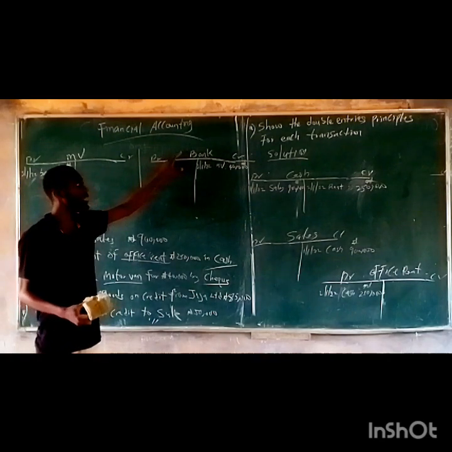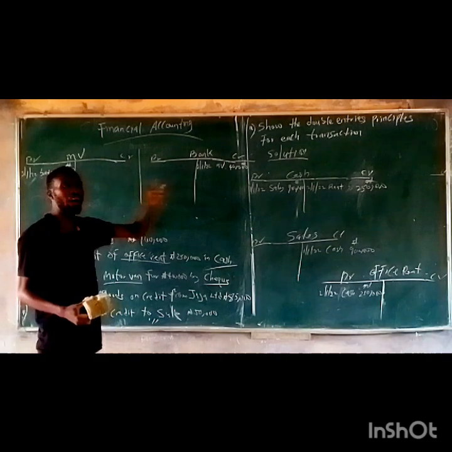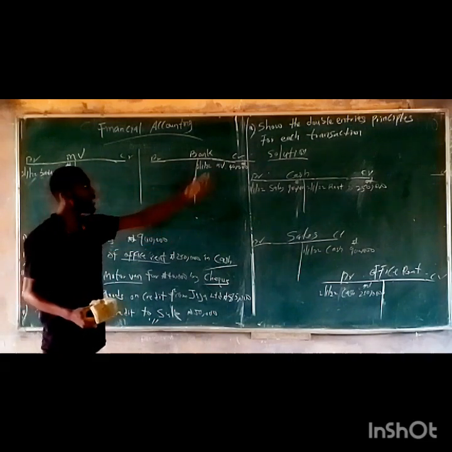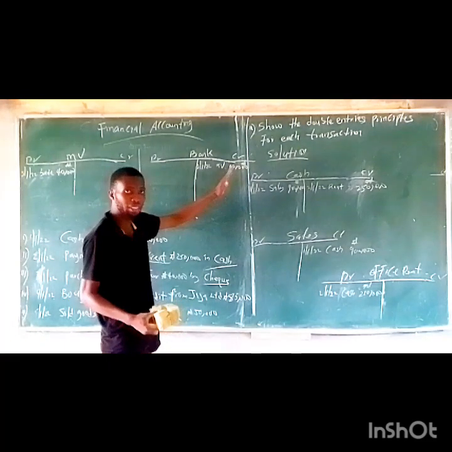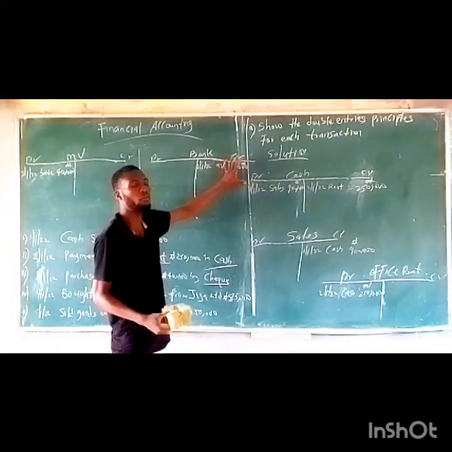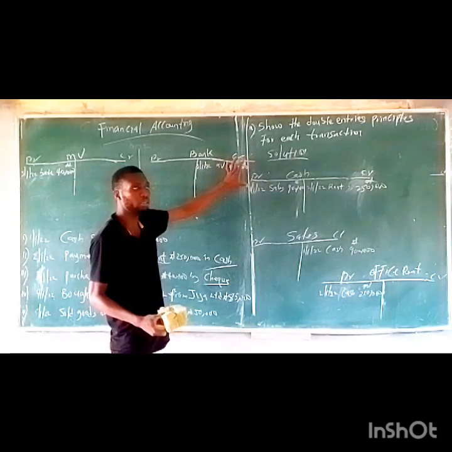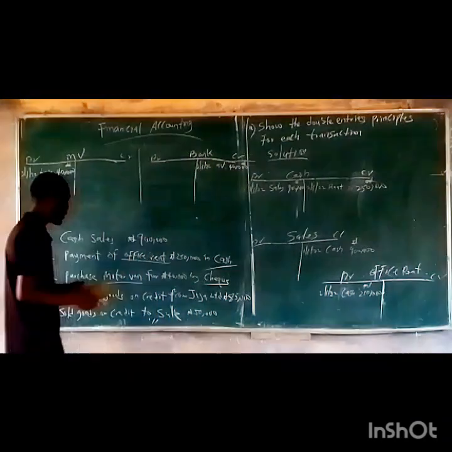A decrease in the value, because you are paying for it, the value of your money is reducing. So it is a decrease in asset. And what kind of asset is that? Current asset. So there's a decrease in the value of the current asset, which is that of the bank.